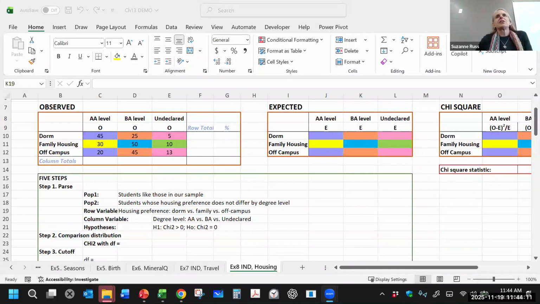Number of columns minus 1 times number of rows minus 1 should be a simple calculation. Just do your calculation one more time, Shelley. Anitra looks good.